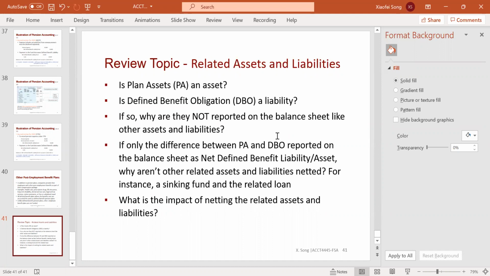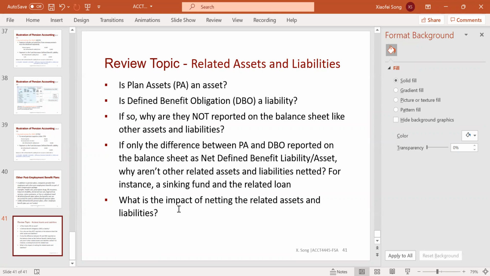One very similar example would be the sinking fund. You have a loan that you borrowed, and as the loan approaches its retirement, you have to put money aside to pay that loan. You're required to, and the money you put aside is earmarked for the loan payment. You cannot use it for anything else.